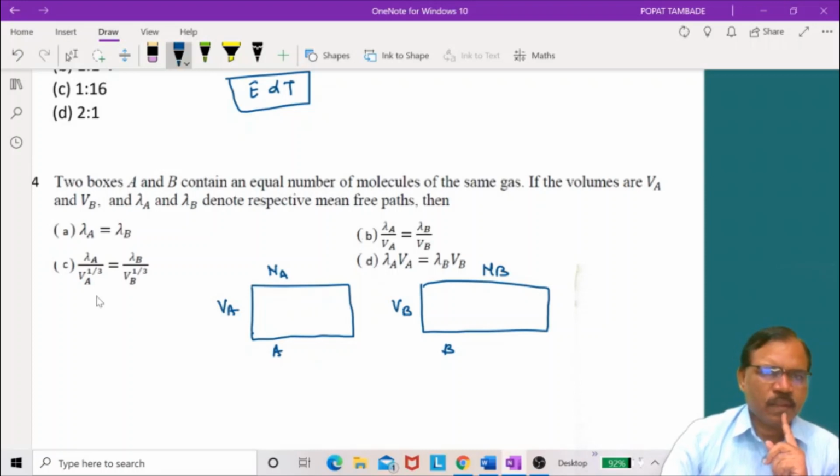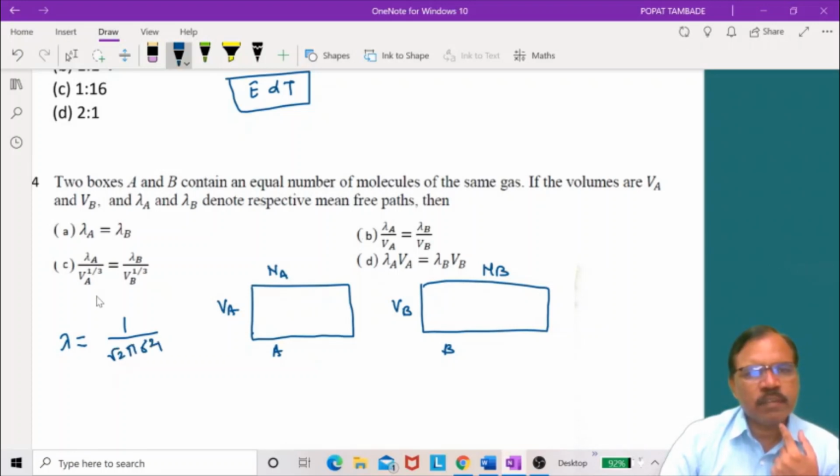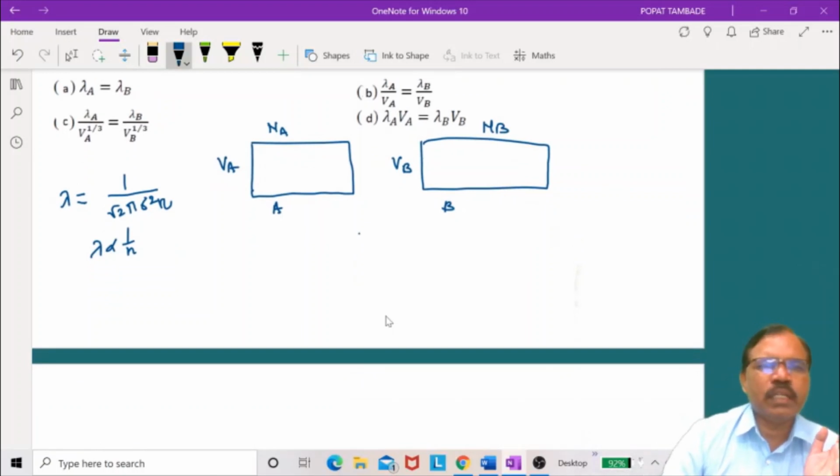Then see, mean free path, we know the relation. What is mean free path? It is 1 upon root 2 pi sigma square n. This is Maxwell's relation. Now see here, molecules are same, so diameter will be same. So lambda is proportional to what? 1 upon n. n is number density, that is number of molecules per unit volume.